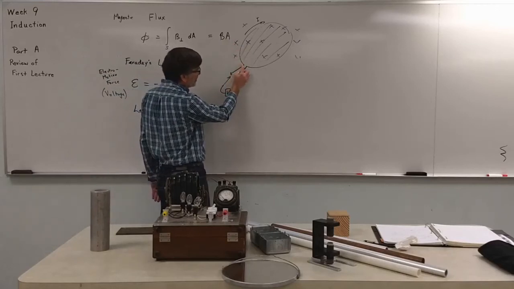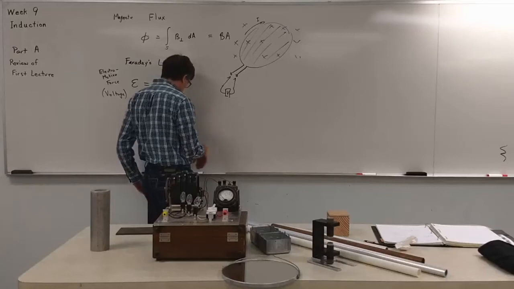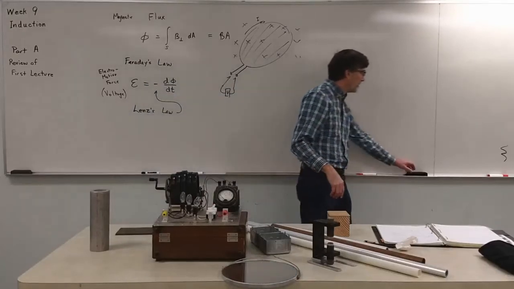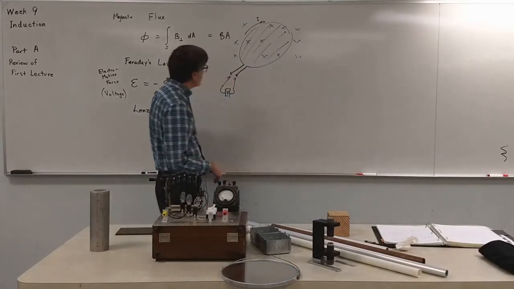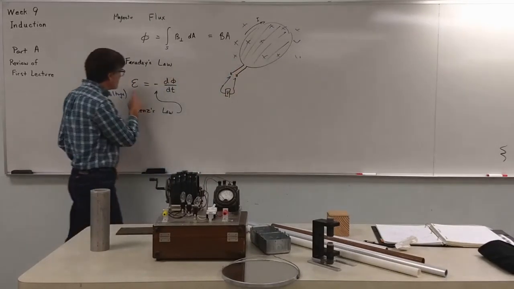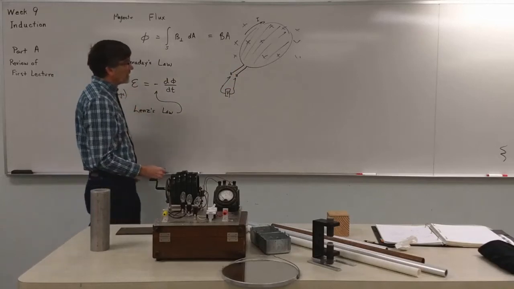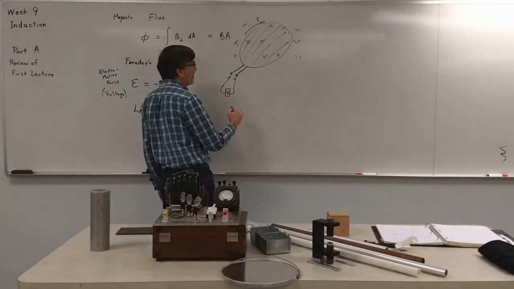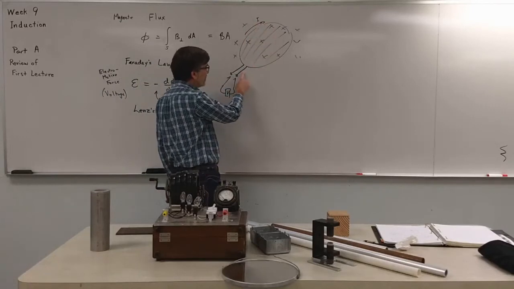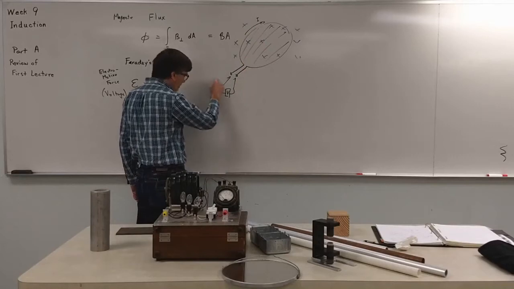That would be true if this was shorted together, or if there was a resistor or something so the current could flow around here. If no current can flow, and you just have a meter on there, and you wonder which one is positive, then you have to remember this EMF is like the battery. And so in a circuit like this, current flows toward the positive terminal in the battery part of the circuit, and then it flows from positive to negative.